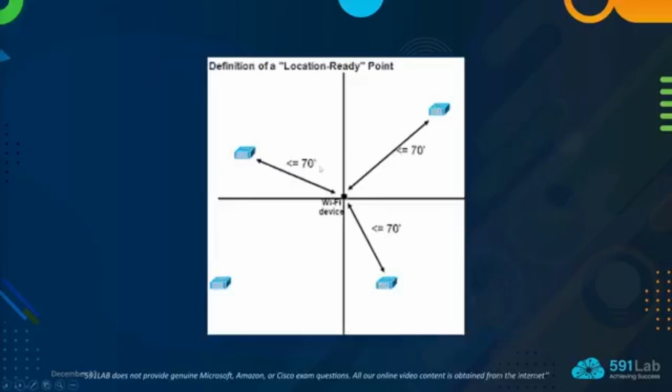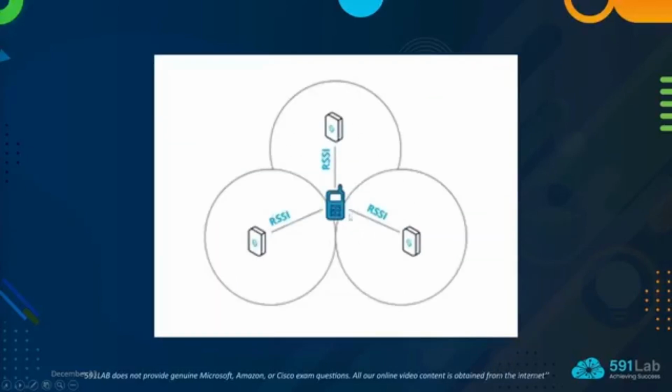If we have any wireless device here, we're going to need at least 3 access points in order to tell exactly the location of that client. Like this one, we have a mobile device here and a minimum of 3 access points. Each access point is going to tell us the RSSI value, and based on that RSSI value, we know exactly where the mobile device is.